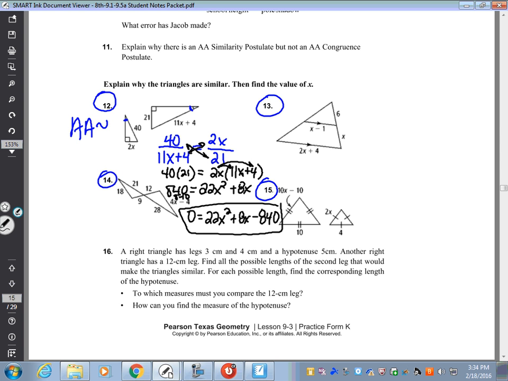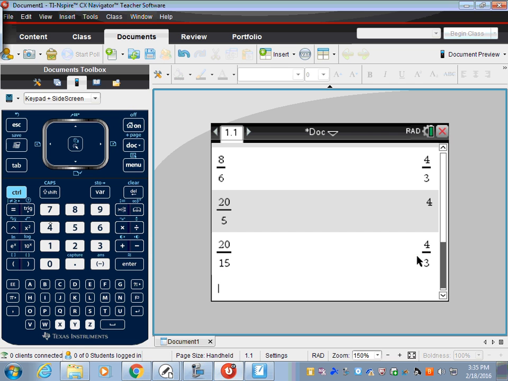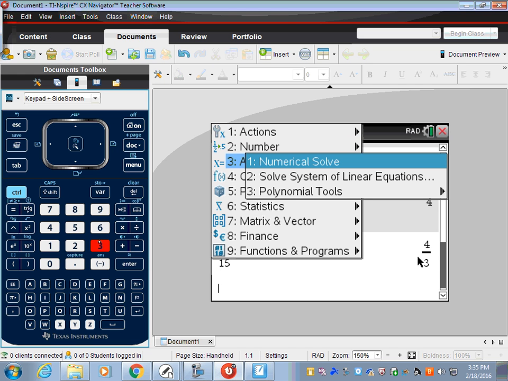Okay. Anyone remember the trick on the calculator, how to get to the answer? All right, so do this. Hit your menu on your calculator. You see that thing that says algebra? Hit 3.